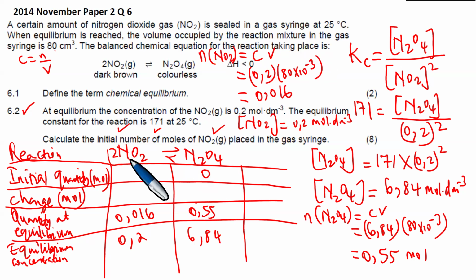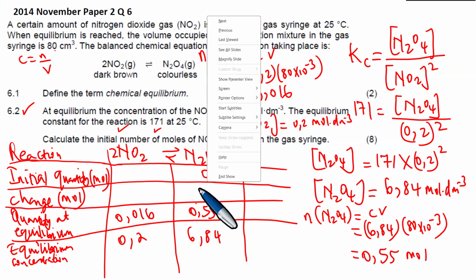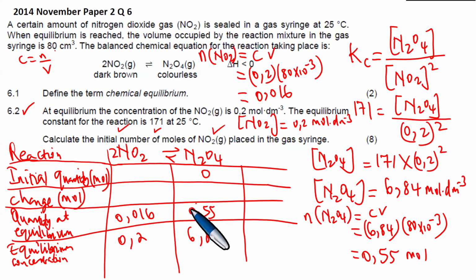So there was 0 number of moles of N2O4. But now we're going to use the mole ratios. If this is the quantity at equilibrium, then here we must have had 0.55 as the change.